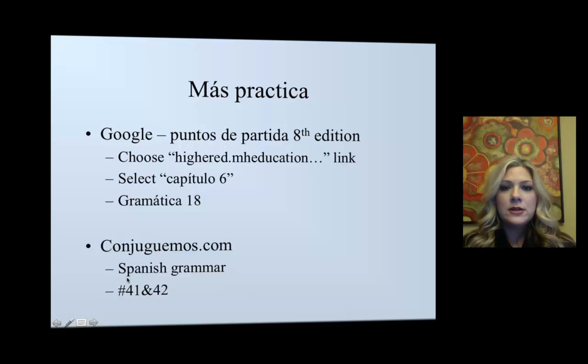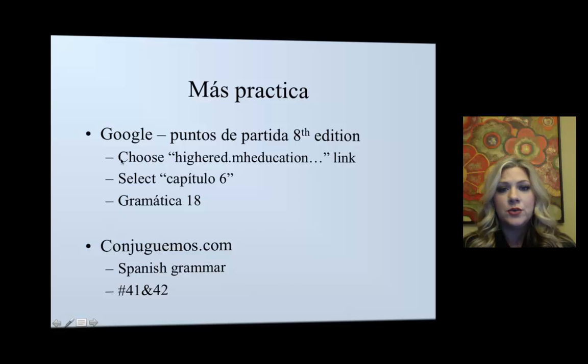Okay. And then I'm going to lead you through one more practice activity. The first practice activity, you can find by Googling Puntos de Partida 8th edition. You want to select the link that says highered.mheducation, and then you'll select Capítulo 6 and then Gramática 18. The other practice activity that I'm going to show you is on the conjuguemos.com website, which is a great resource for you to use.